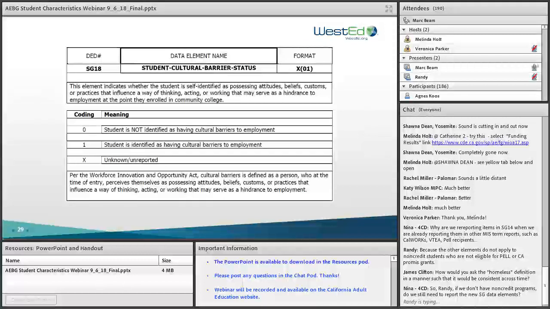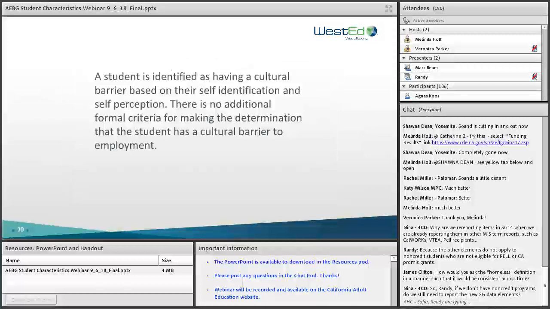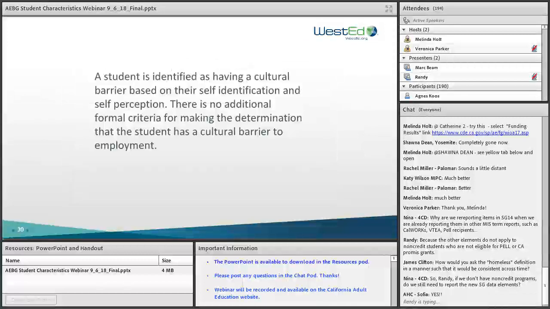And so we think that there might be some room for some explanation or examples of what a student might identify as a cultural barrier, and we could work on that as our work group also. There is no additional formal criteria for making that determination that the student has a cultural barrier to employment. So I think this is probably going to need some input from the field to help us work with students.